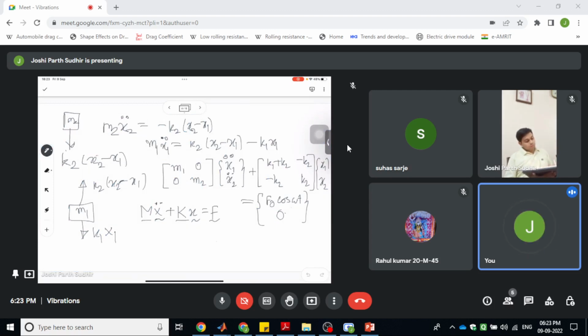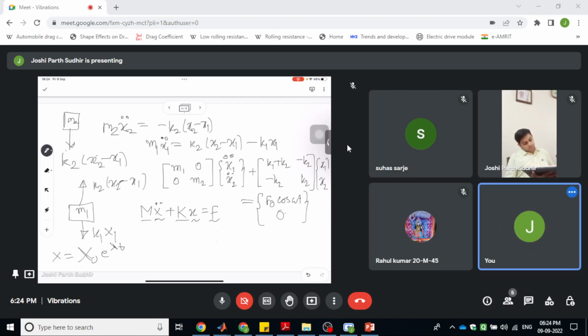For that we substitute a solution of the form x is, let us say, some x naught e to the power of lambda t, and for finding the natural frequency we ignore the right hand side.